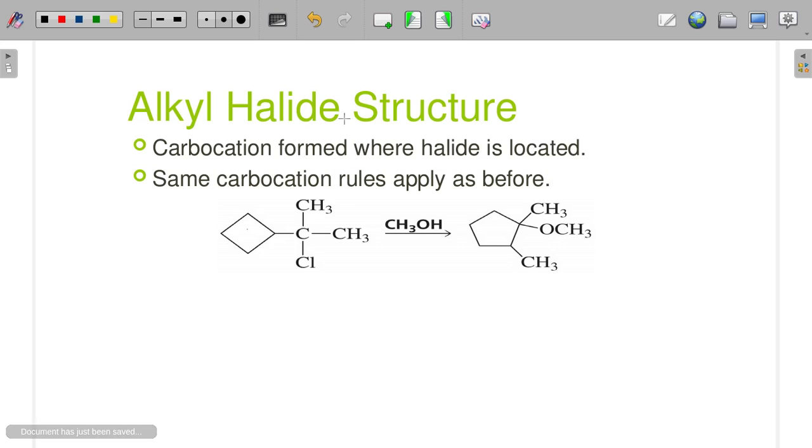Since we know our first step creates a carbocation, I'm going to draw it like that, we know that rearrangements might occur. And that's what they're showing here. Because my very first step was a carbocation.